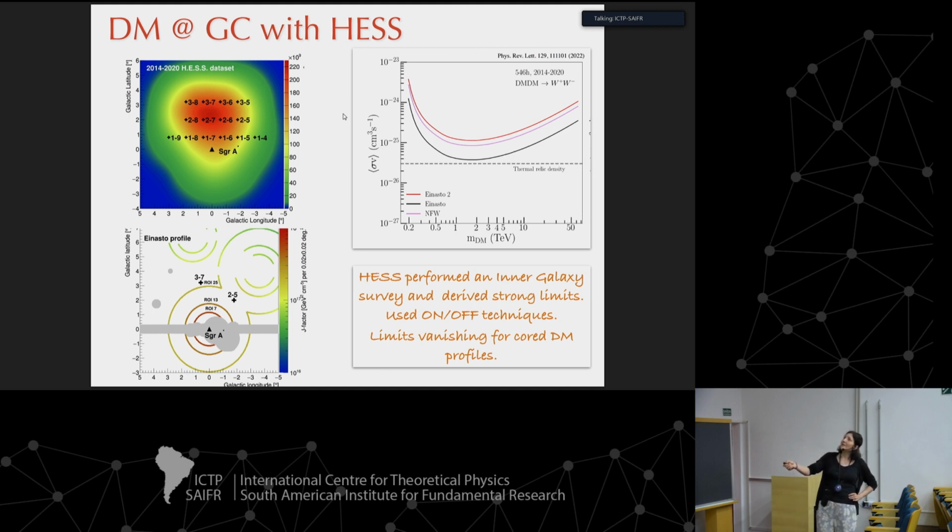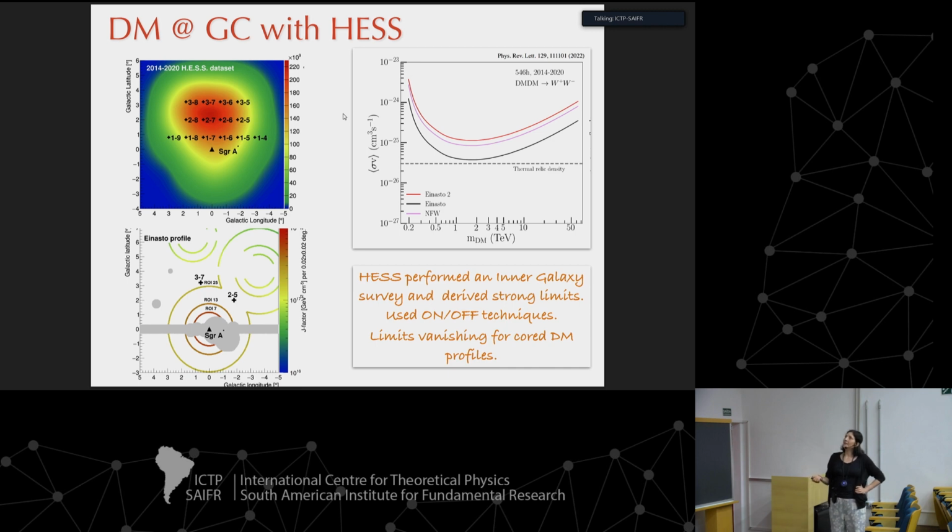And they also did this little survey. So they did not just observe the galactic center, but they did a survey that covers from 0 to 5 degrees, okay? And they looked for dark matter. They just measure the signal and then try to set limits on dark matter.